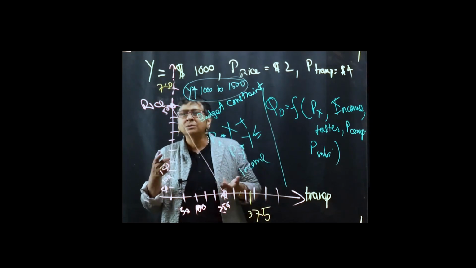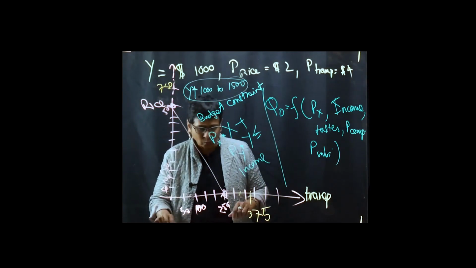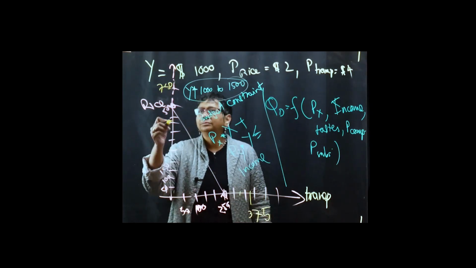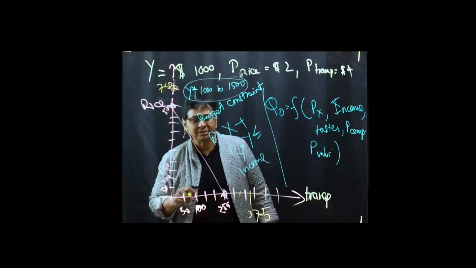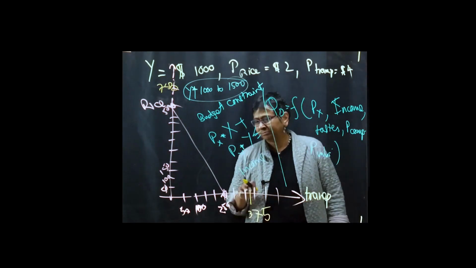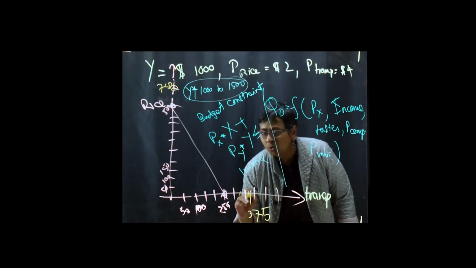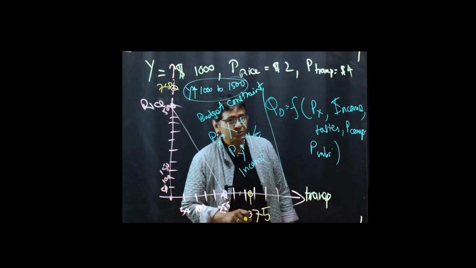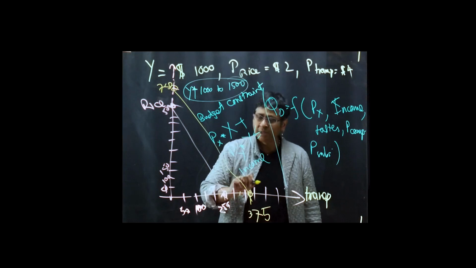So if your income goes up from 500 to 1,500, then what it means is the best you can do, if you put all your income in rice, is 750, but then you have no transport. Or you can put all your income in transport and the best you can do is 375, but then you have no rice. And there you go.